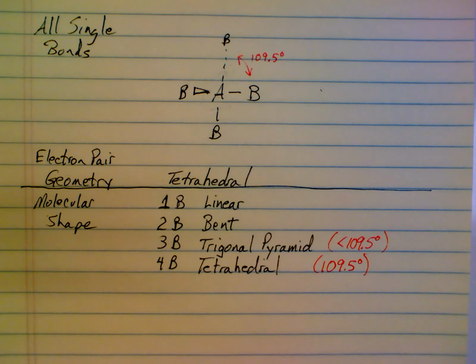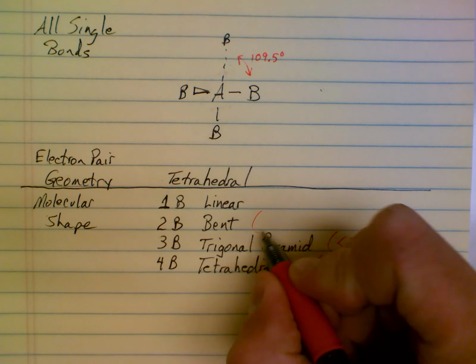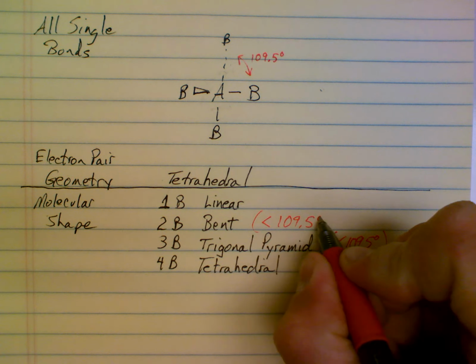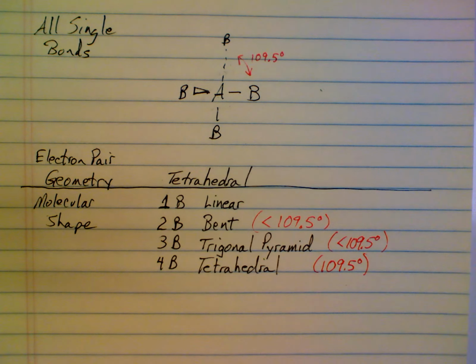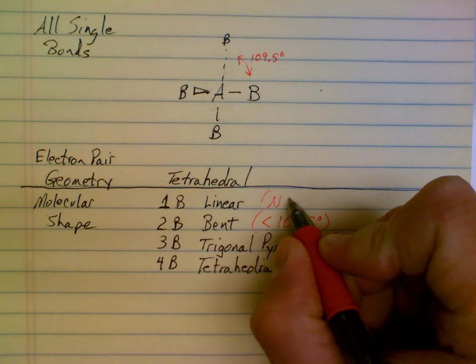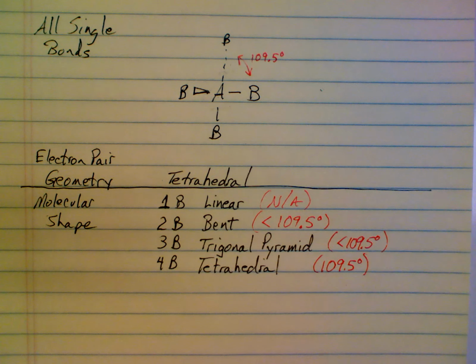And for a bent configuration, you'd have two unshared pairs, which will also be less than 109.5 degrees. When we consider the linear molecule, you only have two atoms, so there really isn't a bond angle between two atoms. So it's just N/A, not applicable. So that's when you have all single bonds.